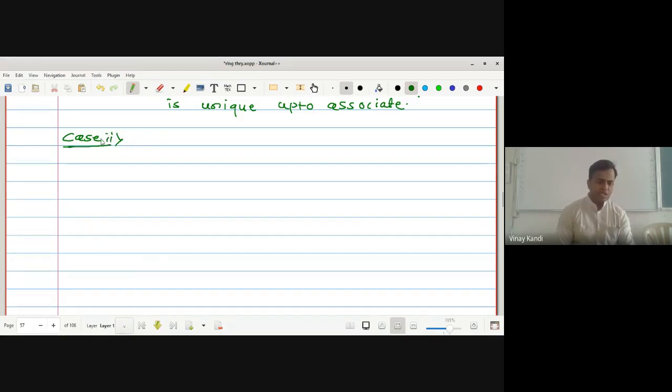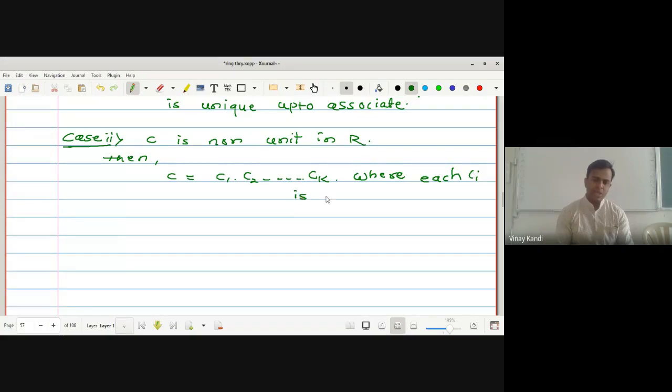In the second case, if C is a non-unit in R, then we can write C equal to C1 into C2 up to Ck, where each Ci is irreducible. By the definition of unique factorization domain, all the Ci's are irreducible elements in R. Why? Because R is a unique factorization domain. In a unique factorization domain, any non-zero, non-unit element we can write as a product of irreducible elements. So C is equal to C1 into C2 up to Ck.